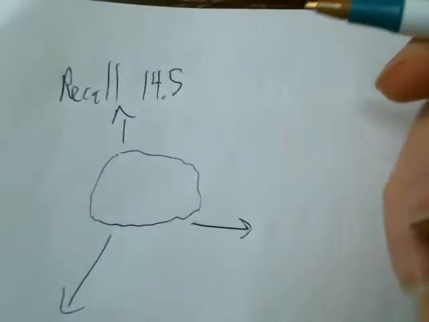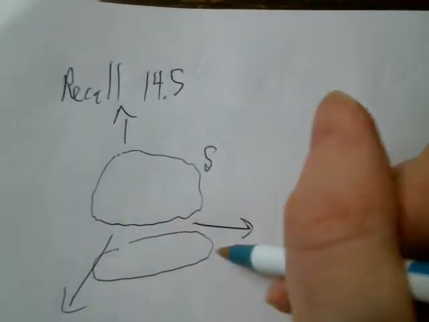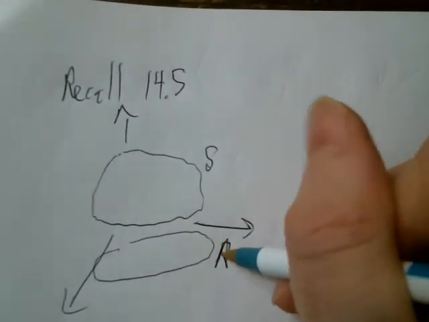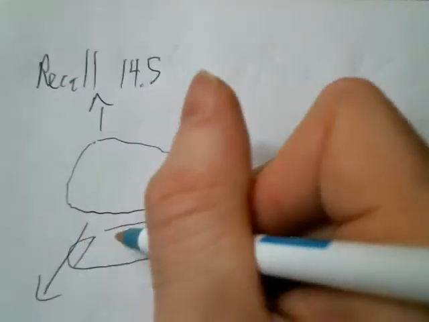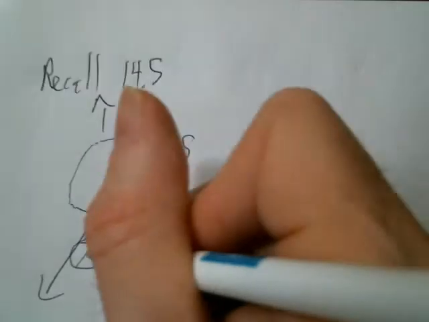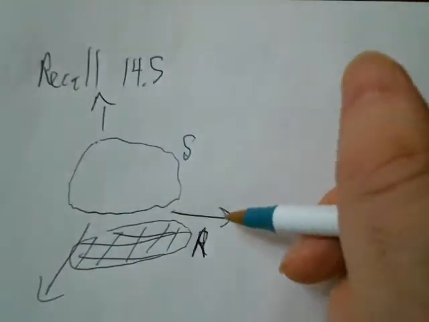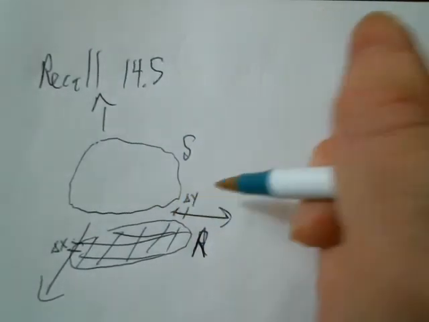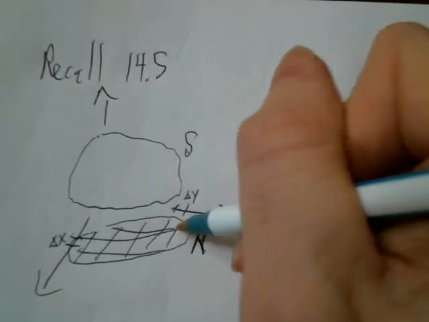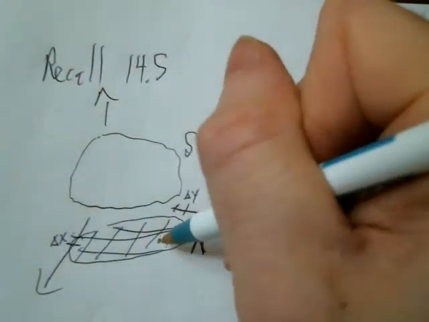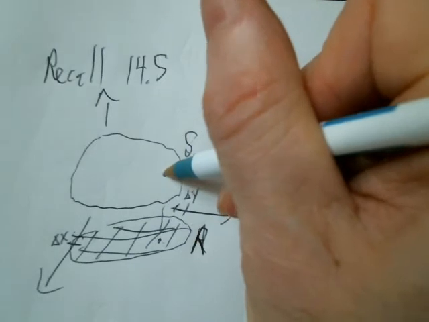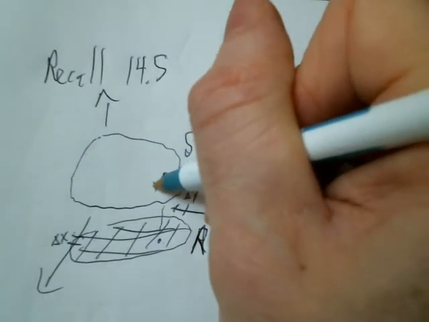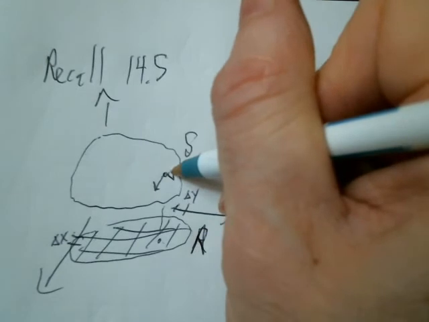We had some surface S in space over top of some region, which we'll call R. Then we sectioned up the region R into a bunch of little areas. This would be our change in x dimension over here, and over here some change in y. Then we take a particular point in R and look at the vectors attached at that point.